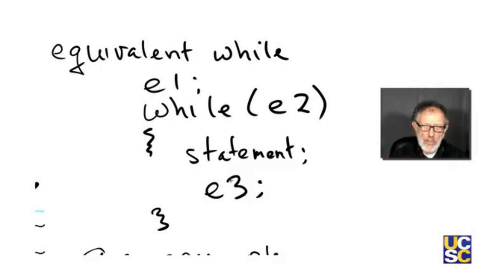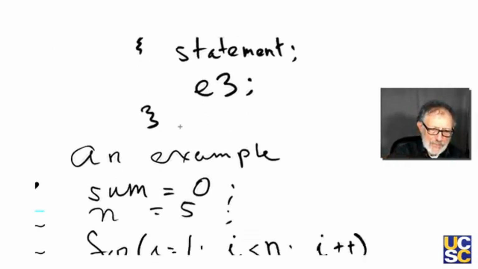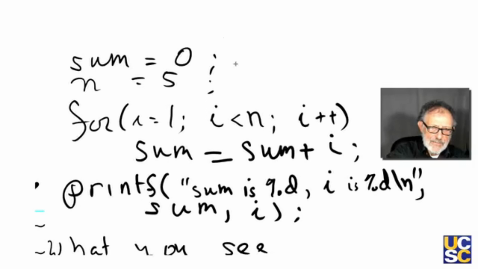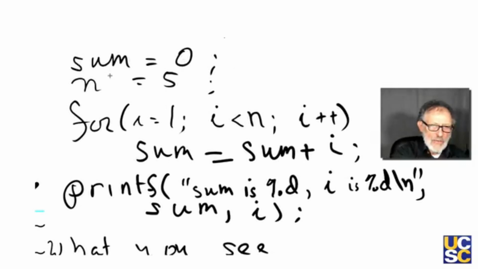Okay, let's do a more detailed example. We're going to assign to a summing variable a sum of 0. We're going to assign to some condition for termination n equals 5. So if we change this, or if we use scanf to get this, we can get a general number here.